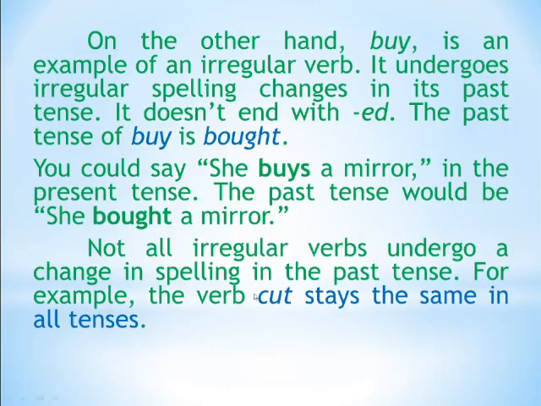For example, look, cut. What is the past of cut? What is the past participle of cut? Cut, past is cut, past participle also is cut. Some examples are cut, put, put. Here are some examples. So now we are going to wind up the class.